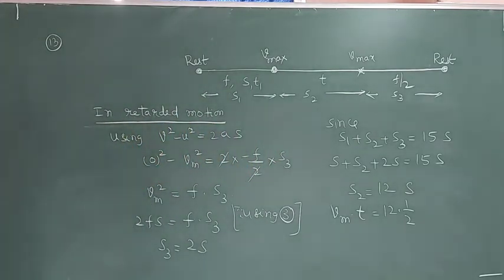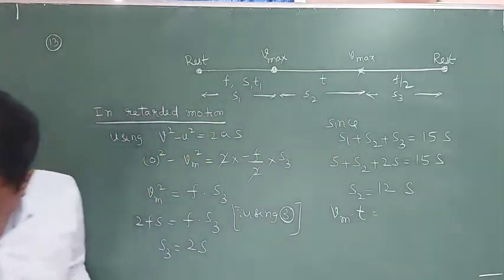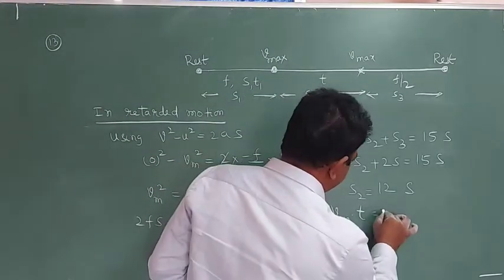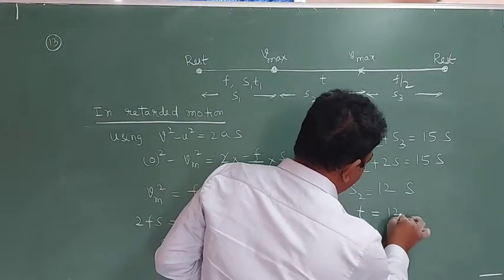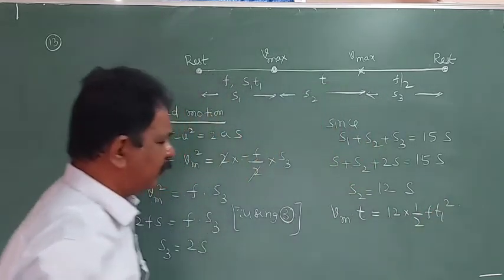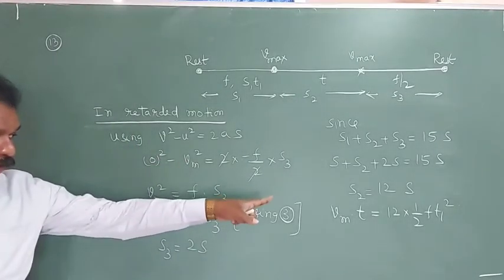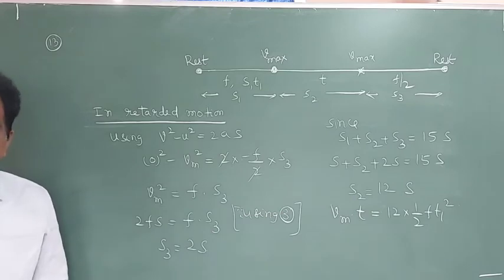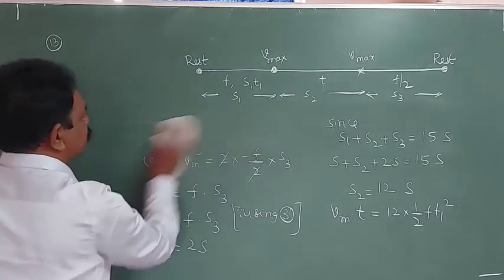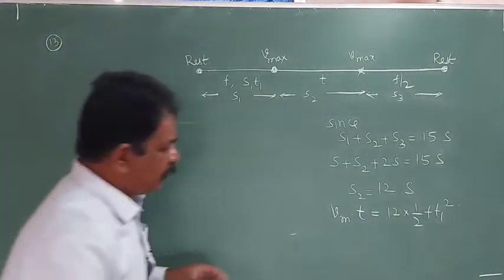We'll write 12 into 1 by 2 ft1 square. From equation 1, Vm is equal to ft1, and equation 2, s is equal to 1 by 2 ft1 square.